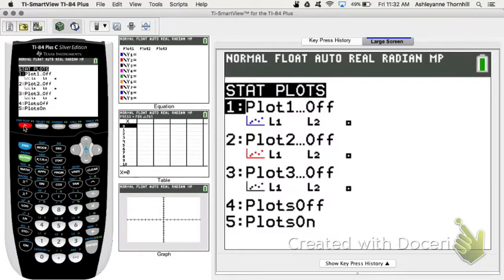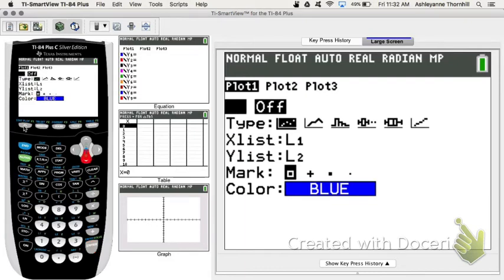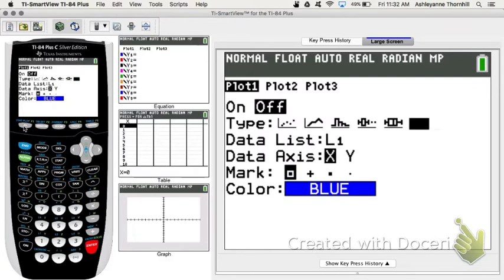So second y equals, hit enter, and the probability plot is going to be the very last one. If you have just an 84, not the plus, it's the bottom right hand one. But you have to hit the right button. And you want your data list L1. Really shouldn't change anything else.